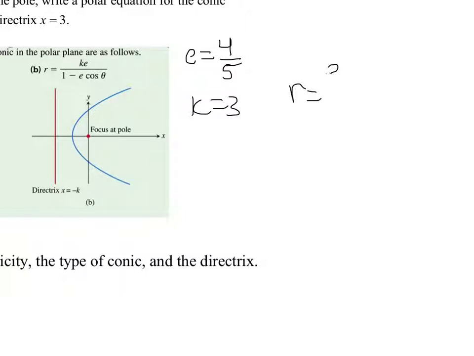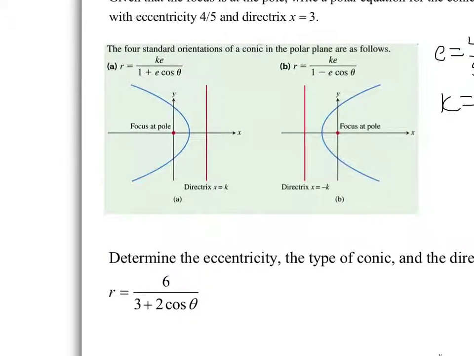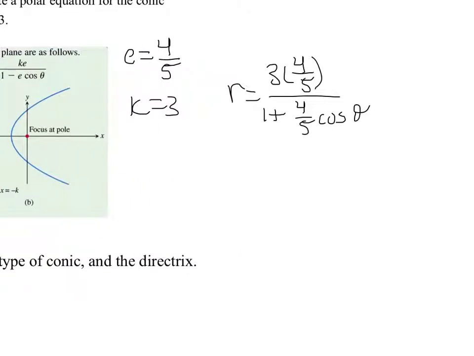r equals 3 times 4/5 divided by 1 plus 4/5 cosine theta. Now let's double check, make sure we didn't miss anything. Nope. So then we get r equals 12/5 over 1 plus 4/5 cosine of theta.